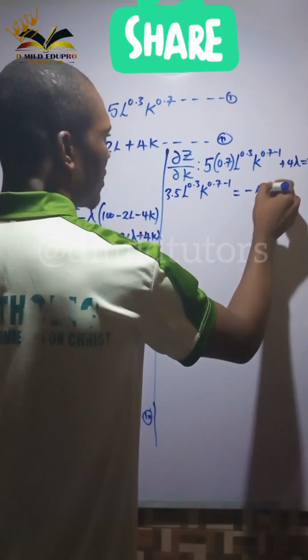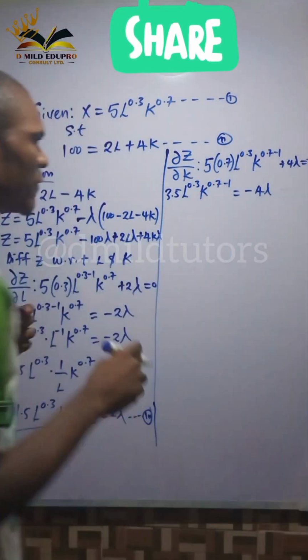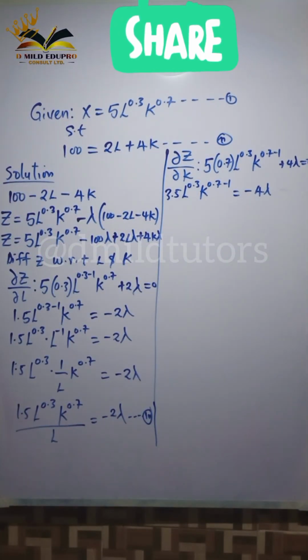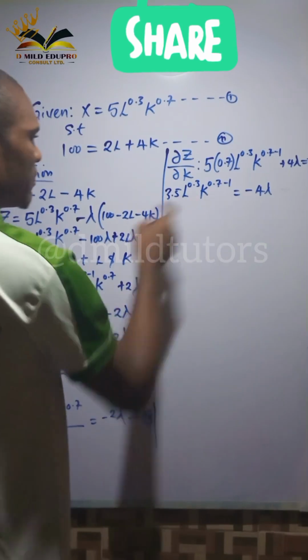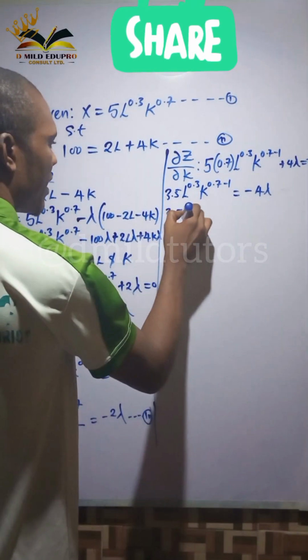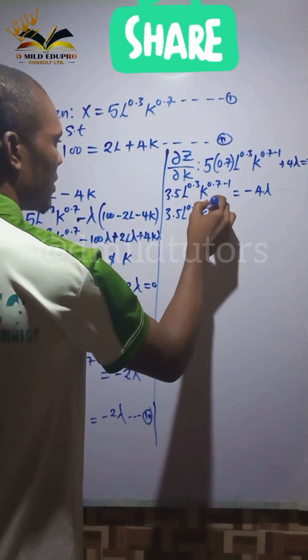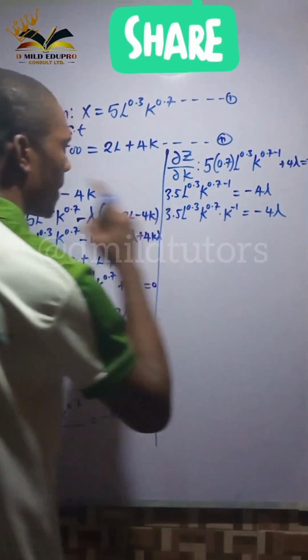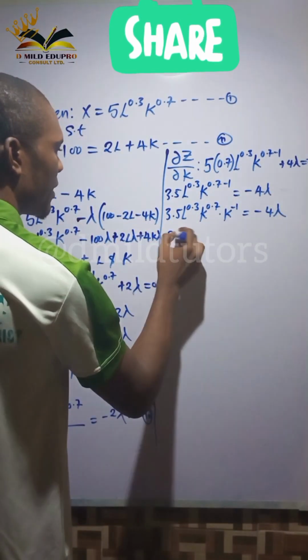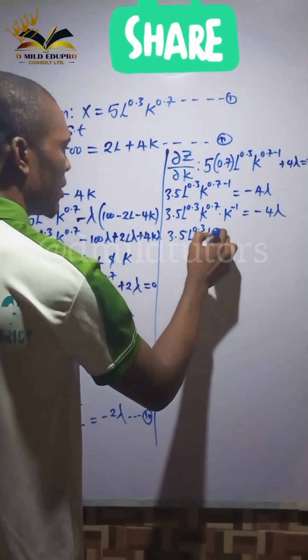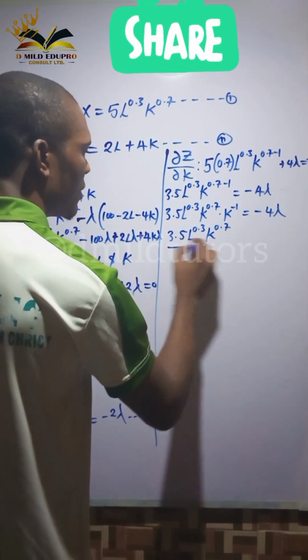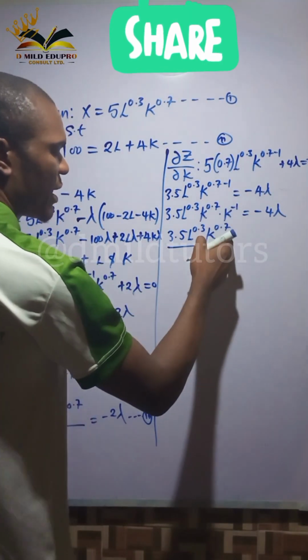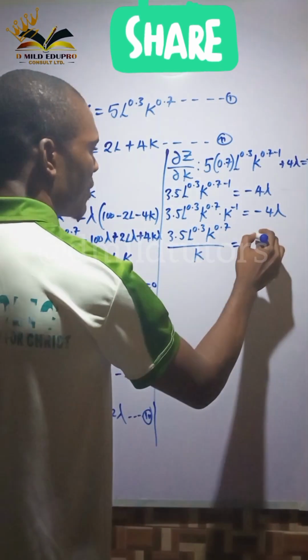So you have minus 4 lambda, the 0 is off. All right. Now, just the way I simplified this, we're also going to simplify this. It's 3.5 L raised to the power 0.3, K raised to the power 0.7 times K raised to the power 0 minus 1 minus 4 lambda. And then finally, this becomes 3.5 L raised to the power 0.3, K raised to the power 0.7 divided by K, because this is 1 over K, equals minus 4 lambda.